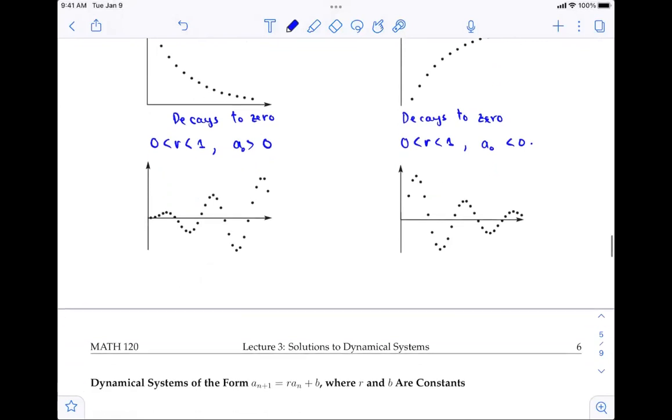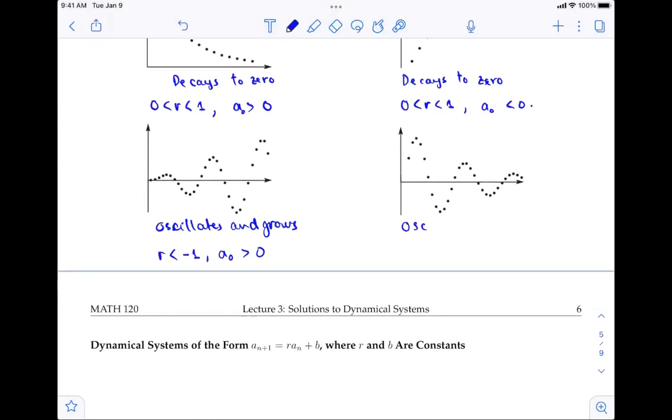The next two cases are for oscillations. This is where R is less than -1, and it will oscillate and grow. Let me be careful here. It oscillates and grows in the case where R is less than -1 and A0 is greater than 0, right?